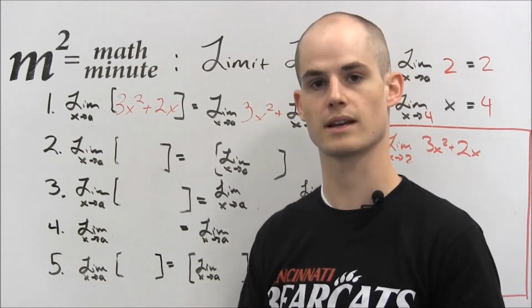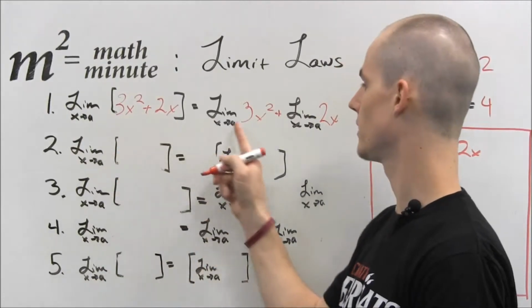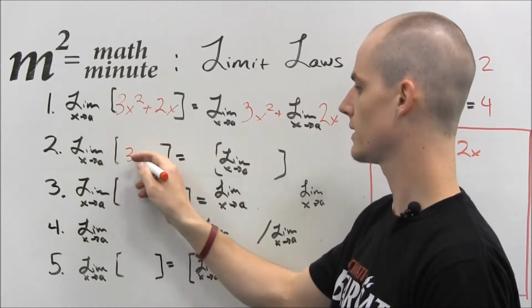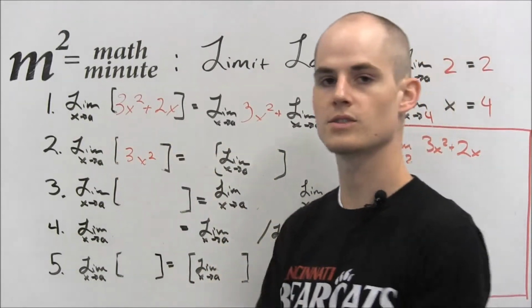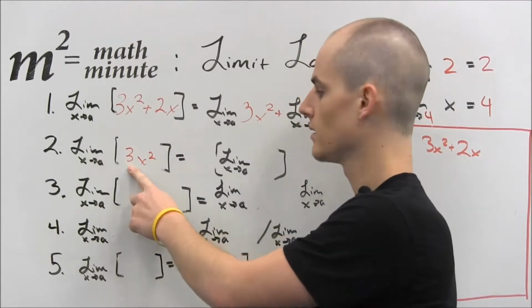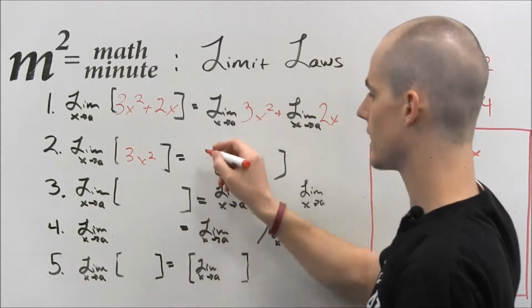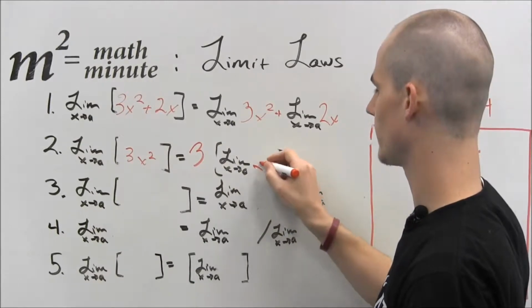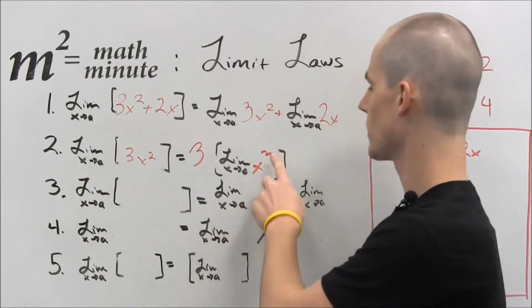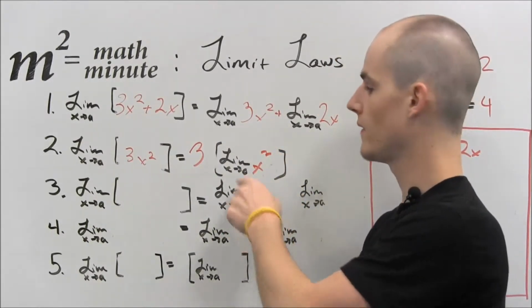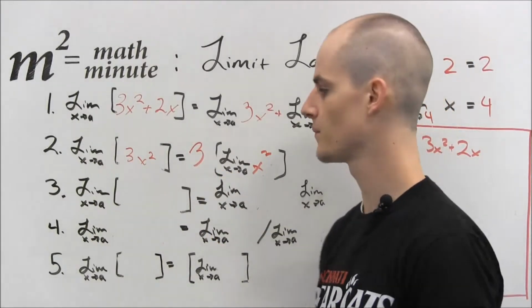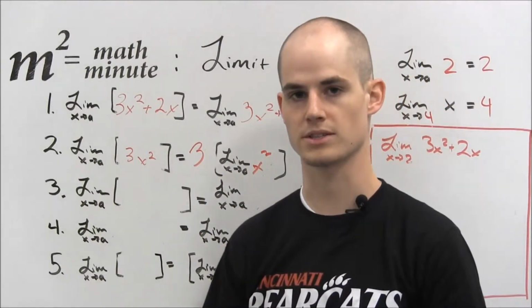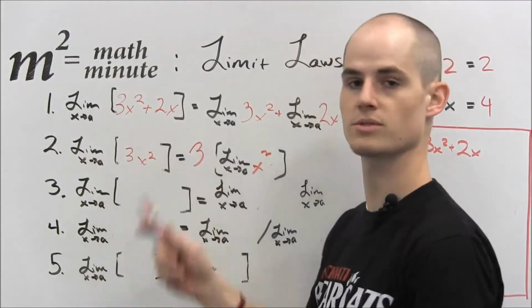So the next one has to do with a constant. So let's take this limit and talk about it. If we have a constant number multiplied by a function, we can take this constant out and worry about it later. So we'll just worry about solving this limit, and then we'll just multiply it by 3 at the end. The next one has to do with multiplication, very similar to the addition and subtraction.